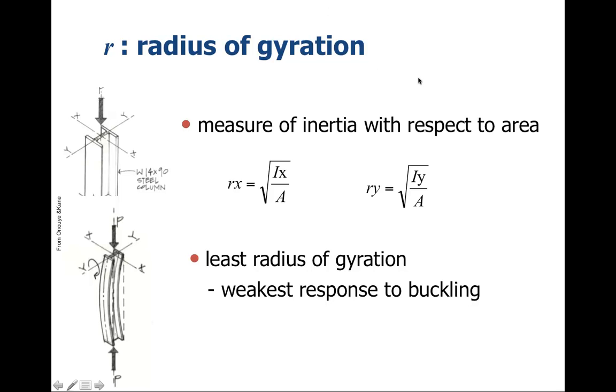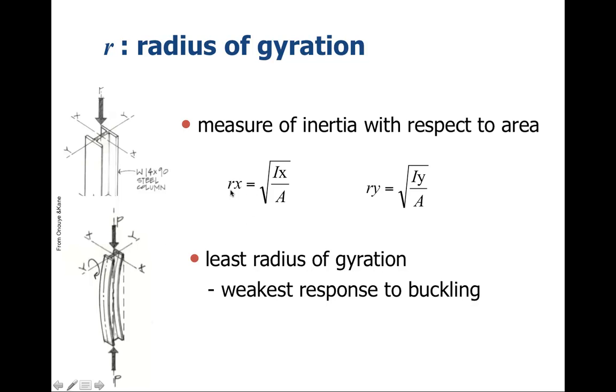All right, another factor we use in terms of buckling is the radius of gyration. It's hard to provide a very good definition, but basically it's a measure of the inertia with respect to the area. This comes back to the fact that we have two axes. Here we have this I-beam. We know that it's going to buckle more along this axis, as shown here, and not the other axis.